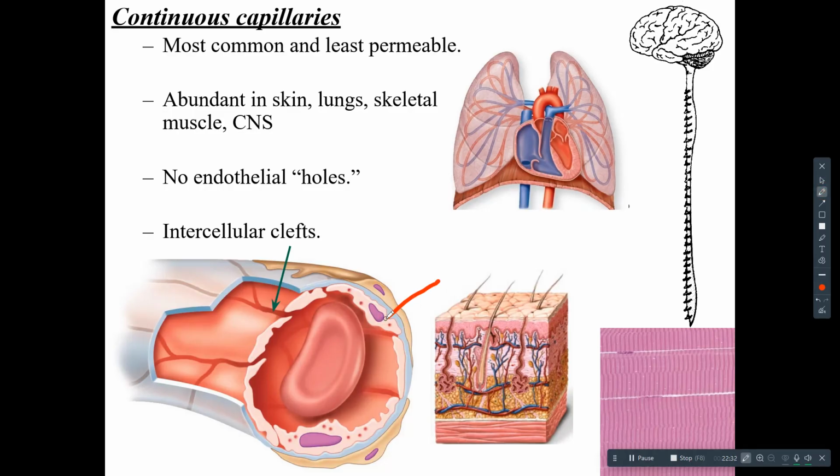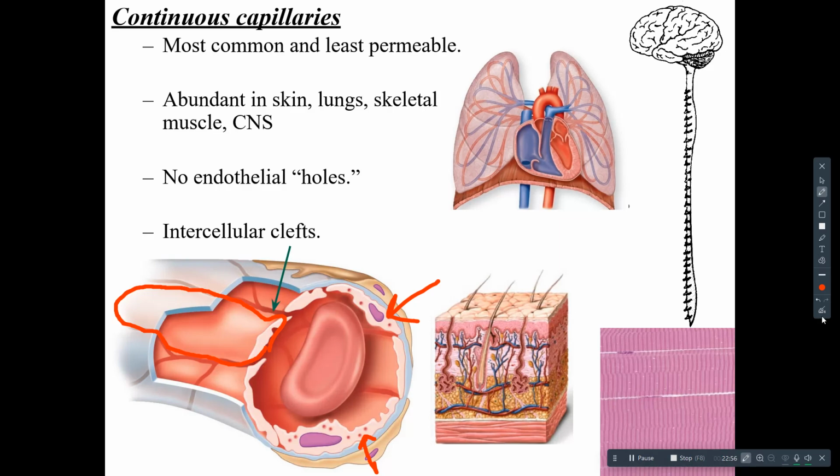This is one right here. Another one down here. I'm just going to outline a simple squamous epithelial cell right here. And the gray stuff on top of it is like connective tissue. But there is my simple squamous epithelial cell. Notice there are no holes in this cell that I've outlined here.